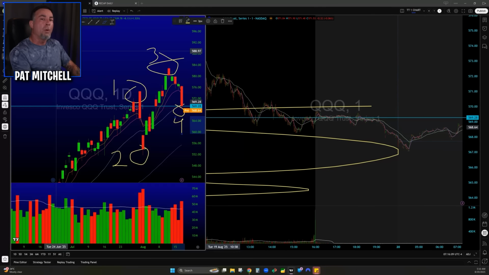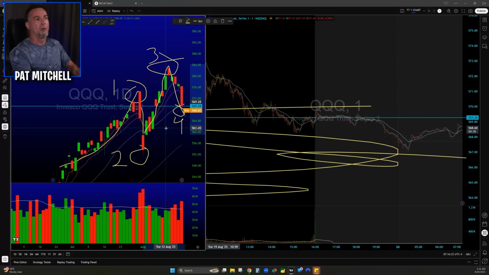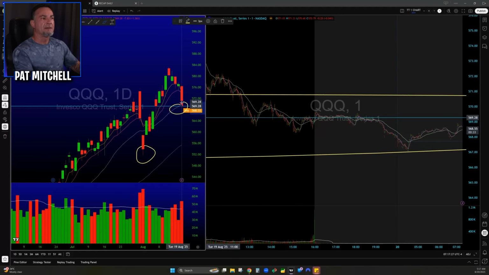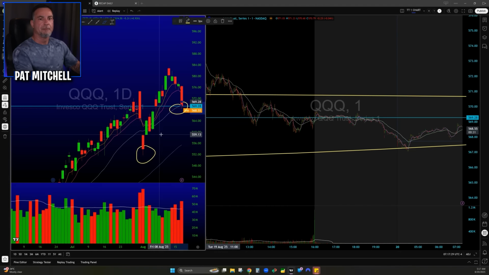Well, it's number 1 and number 3. We want to be looking at extensions before a pullback, right? And extensions before a pullback. We don't want to be looking for a weak chart setup when we're looking at strength on dips.